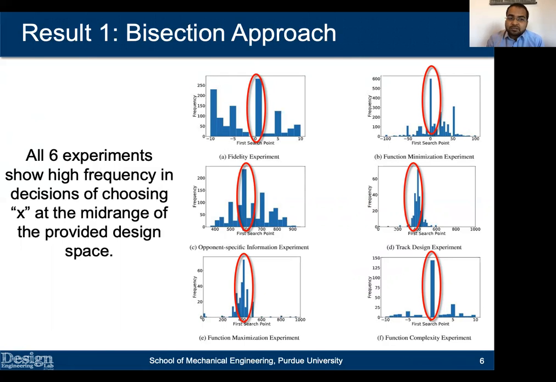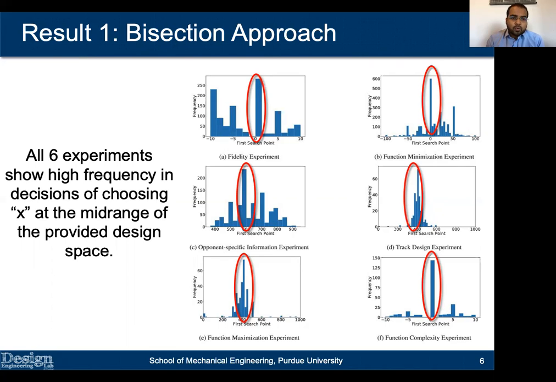The range of this design space could be minus 10 to 10, like in this experiment, or minus 100 to 100. It doesn't matter. We see that they tend to choose values of X for their very first decision which are not uniform. It is focused in the mid-range. So we conjecture, we hypothesize, that participants probably use a bisection approach to search in the design space.